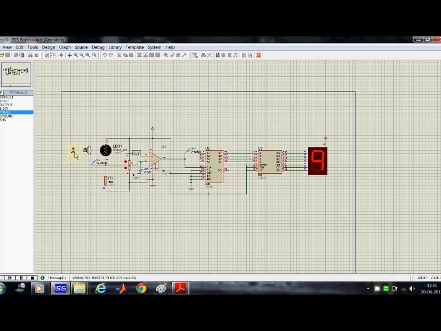The complete system is in front of you now, and I will breadboard this and show you the output on the breadboard. I won't show you how to join the wires because I think that would be a waste of time, so I will show you the demonstration directly, and I hope you will enjoy it.